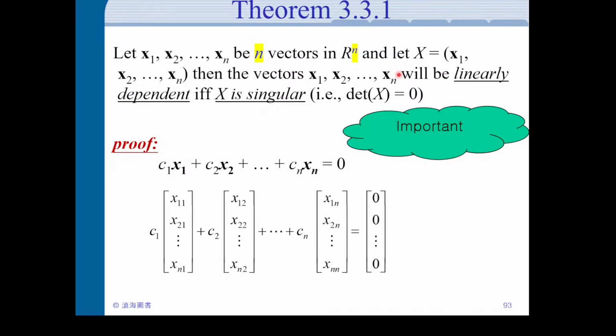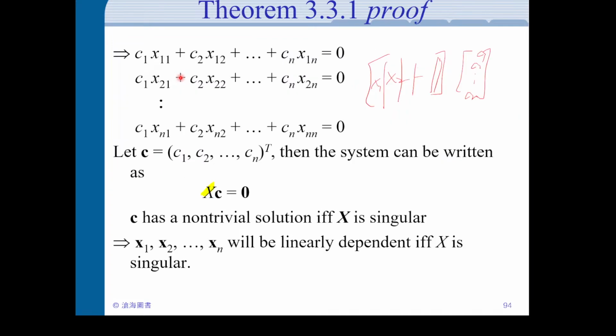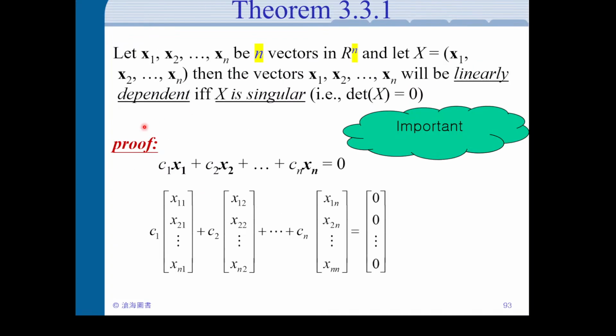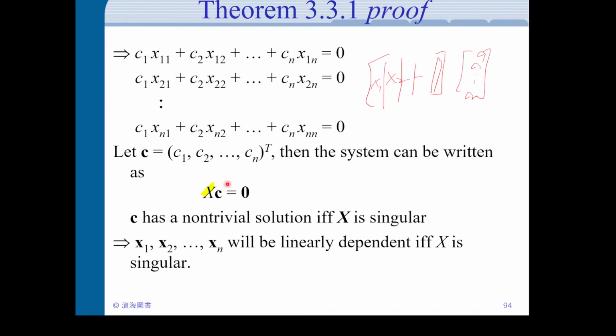Anyway, we have those vectors, and we write this equation as a linear system, and we see that it can be expressed as big X times the C vector, a column vector with C1 to Cn, equal to the 0 vector.